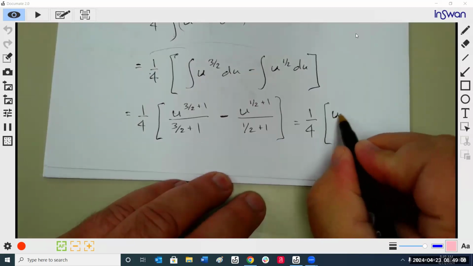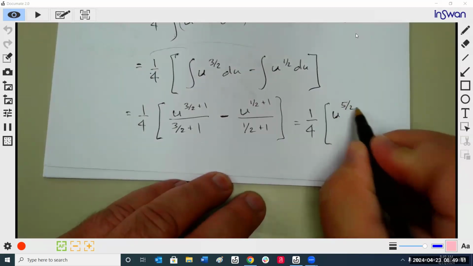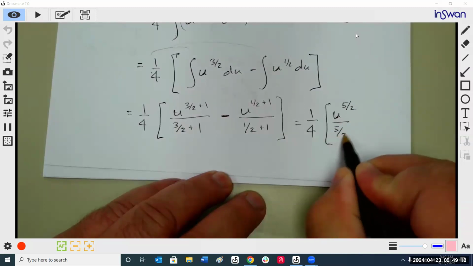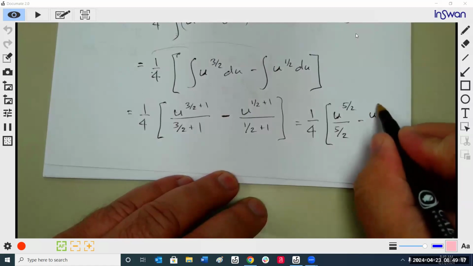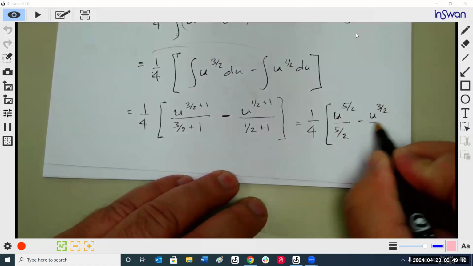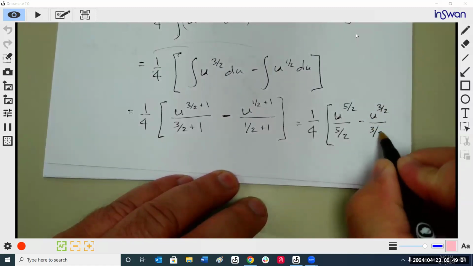So it's going to be u to the 5/2 over 5/2 minus u to the 3/2 over 3/2.